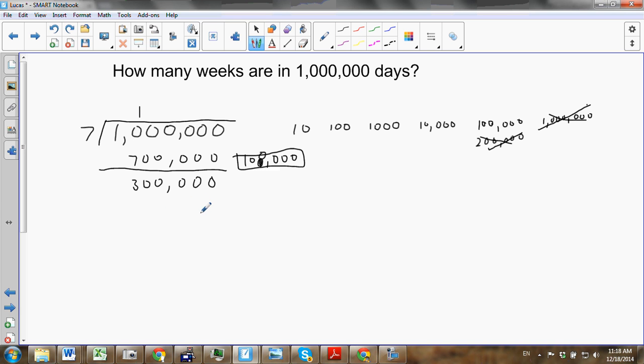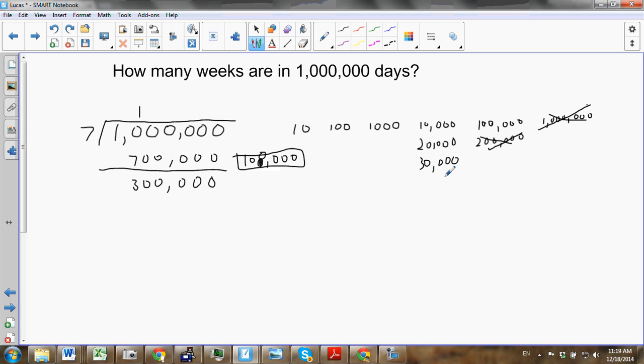Now, next, we can't take 100,000 sevens anymore, because that would be 700,000, but we can take out, let's see, how many 10,000s of sevens we can take out of 300,000. 20,000 sevens would be 140,000. That's not greater than 300,000.